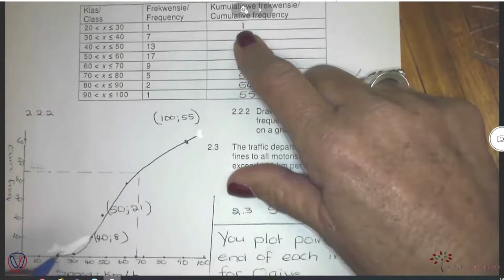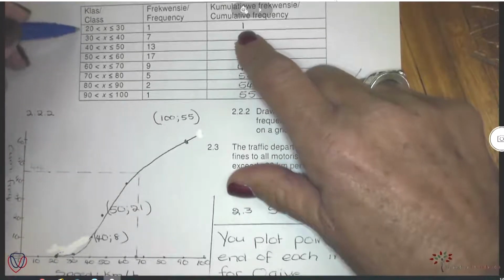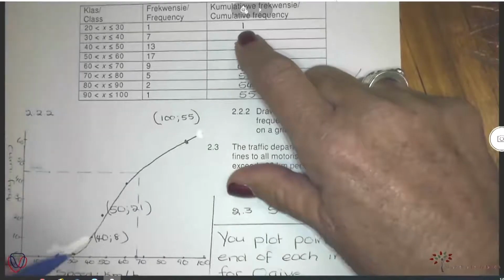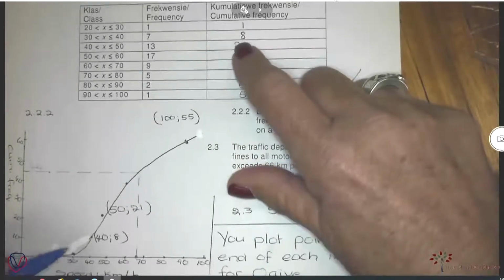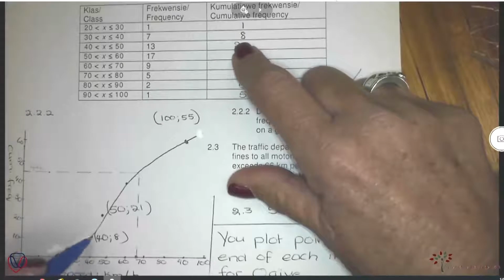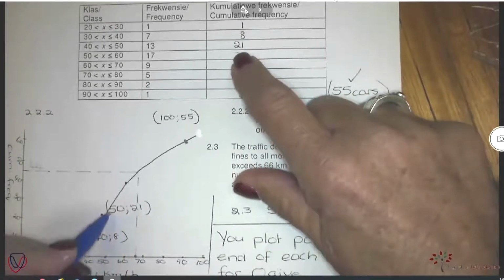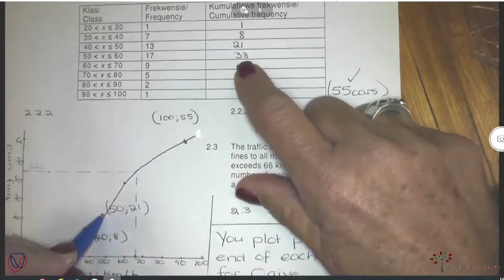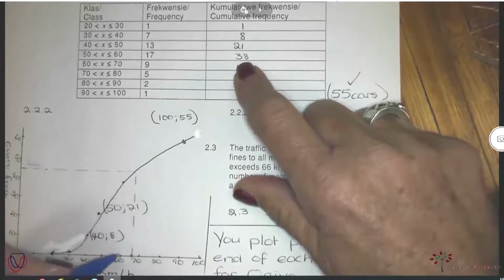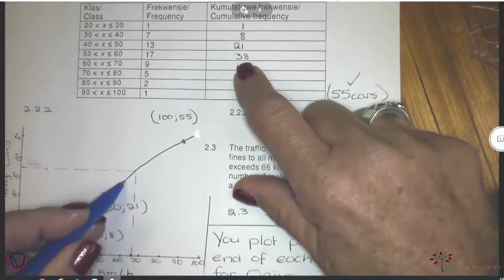So we start at 20 with a 0. At the end of that class, we mark the 1. Then at the end of class, where we've got 40, we've got an 8 there. End of class, where you've got 50, we've got a 21 there. End of the class, where we have 38, there it is, 38.